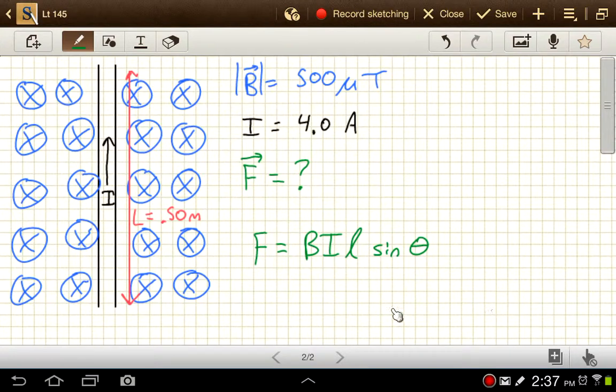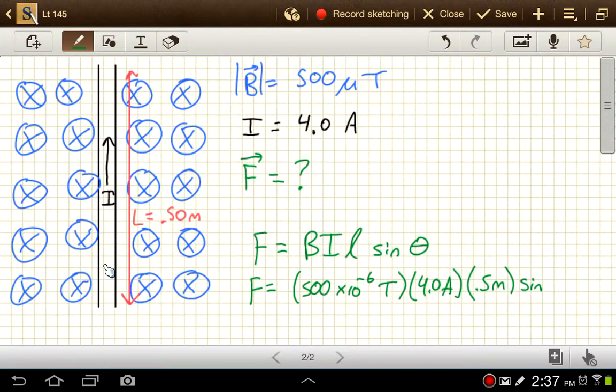So our force here is going to be 500 microteslas, or 500 times 10 to the negative 6th teslas, times our current, 4.0 amps, times the length, 0.5 meters, times the sine of, well, let's see, the velocity vector. The positive charges are moving upward, and the magnetic field is pointing into the page or into the screen. So that's another 90-degree angle there.